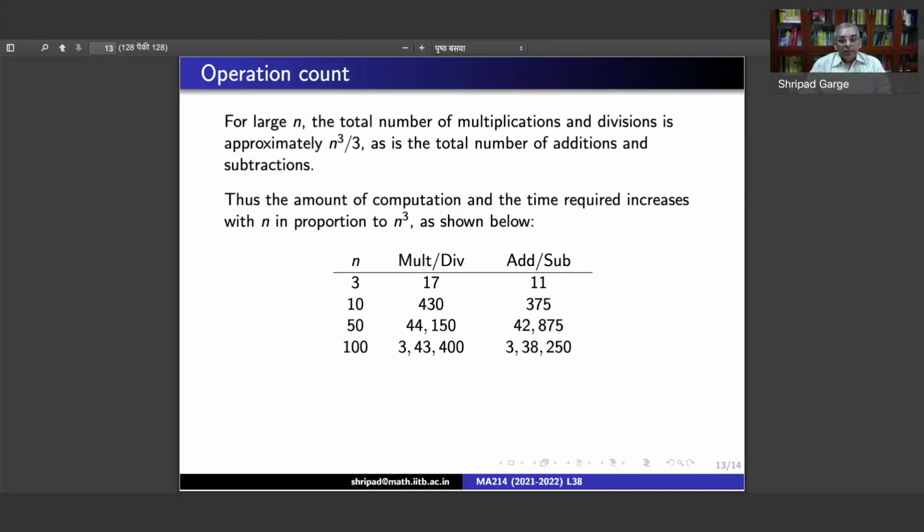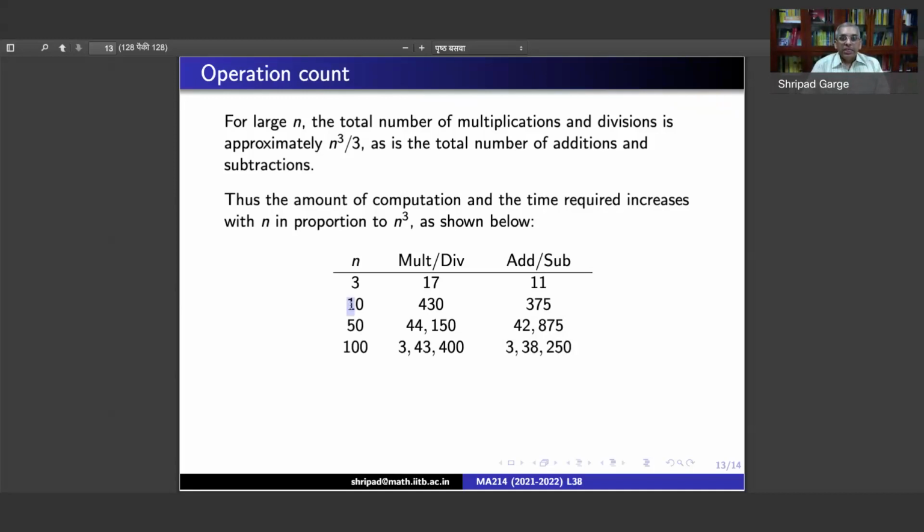So we see that roughly, for instance, if you take 100, the cube of 100 will be 1 followed by 6 zeros, which is roughly 10 lakh. And the number we are getting for multiplication or division as well as for addition and subtraction is roughly 3,33,333, which is the 10 lakh divided by 3. And this approximate equality will become more and more accurate as you go on increasing your n.